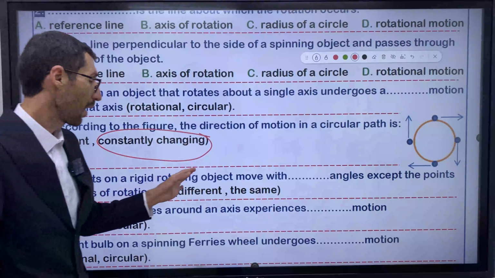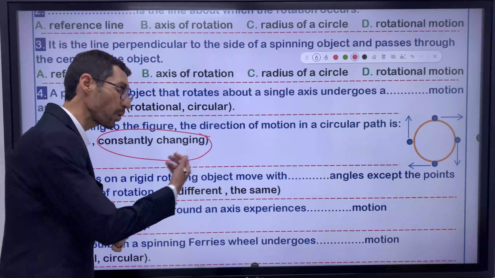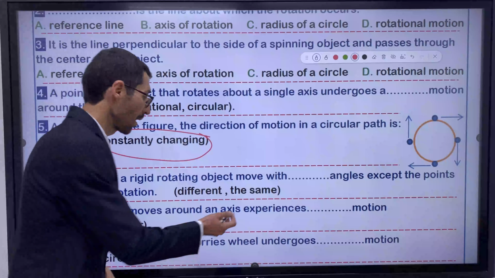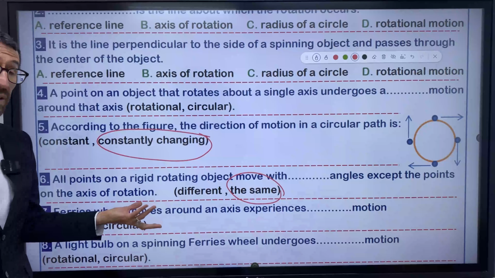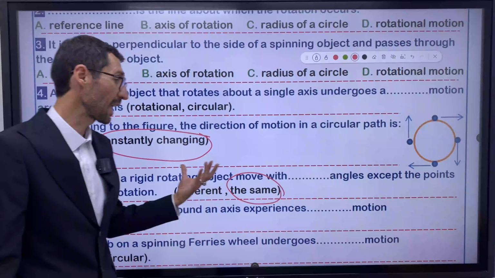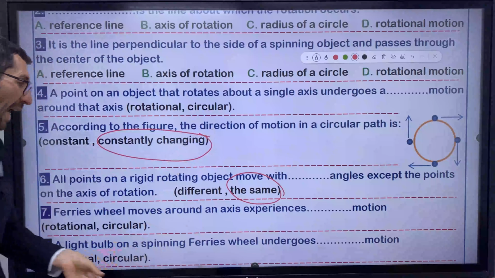So all points on the rigid rotating object move with the different or with the same? I'm sure you know the answer, with the same. And there's an exception here. The exception is dedicated only for the points that are located along the axis of rotation.